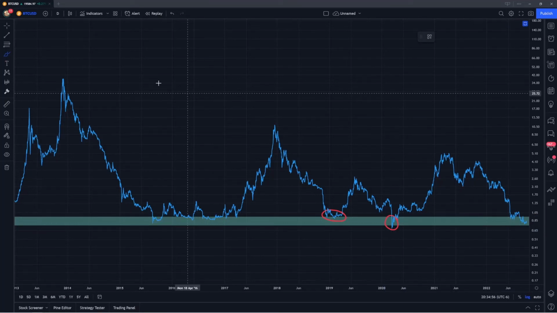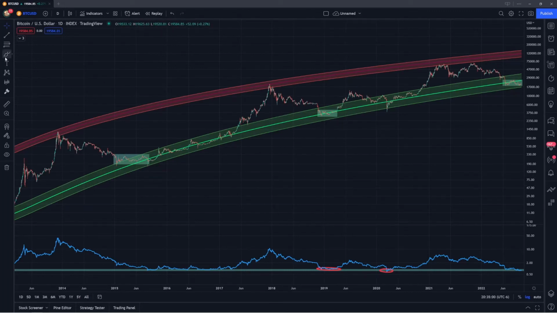So to visualize what this represents, let's go back to the logarithmic regression curve. Again, you can see that this time frame where Bitcoin found support off this zone corresponded to all of this price action where the Bitcoin closing price basically oscillated back and forth above and below the midline.